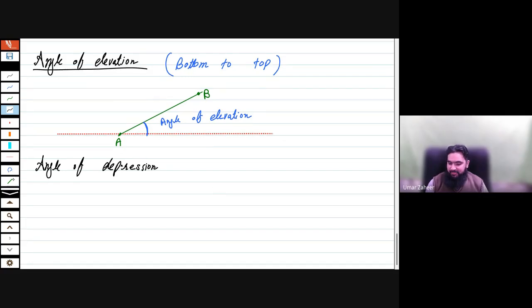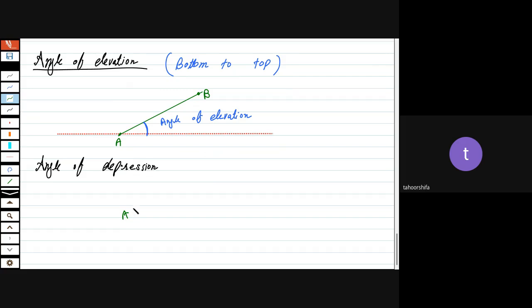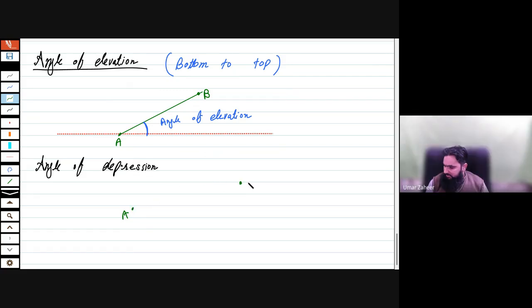The angle of depression is, again, from the top we have two points, A and B. From top to bottom, it is A and it is B. So you are going to measure the angle from top to bottom.